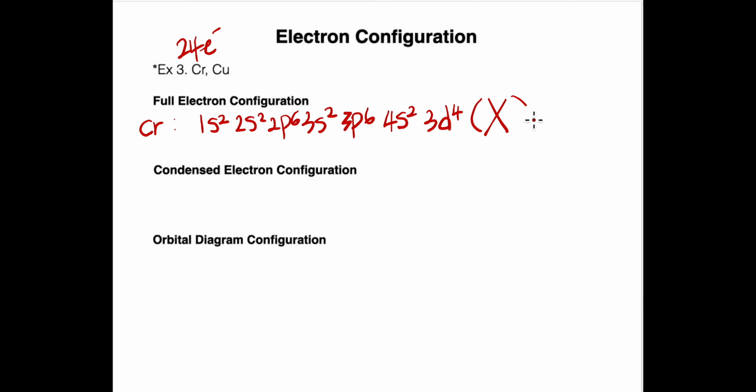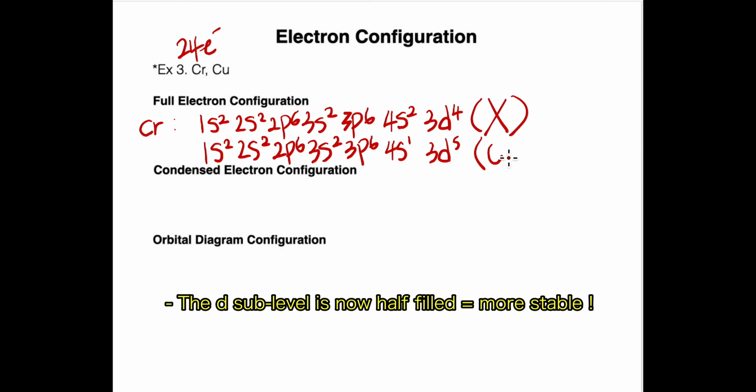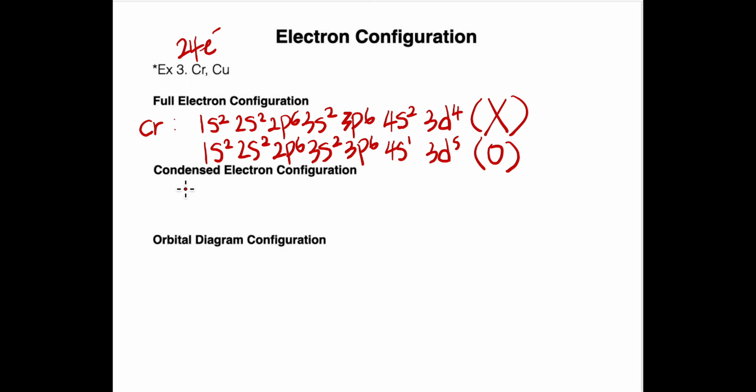The d sublevel becoming half full or completely full is more energetically stable than filling up the 4s orbital and making the last d orbital empty or half empty. So its electron configuration will actually be written like this: 4s1 and 3d5. Now looking at the periodic table, we can condense their electron configuration as argon, 4s1, 3d5.